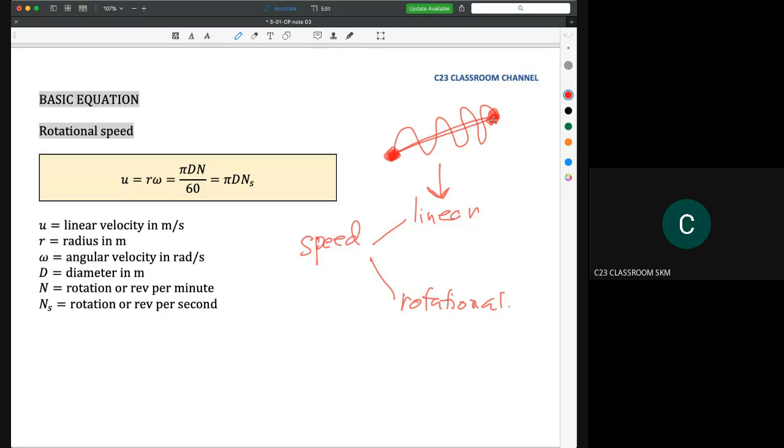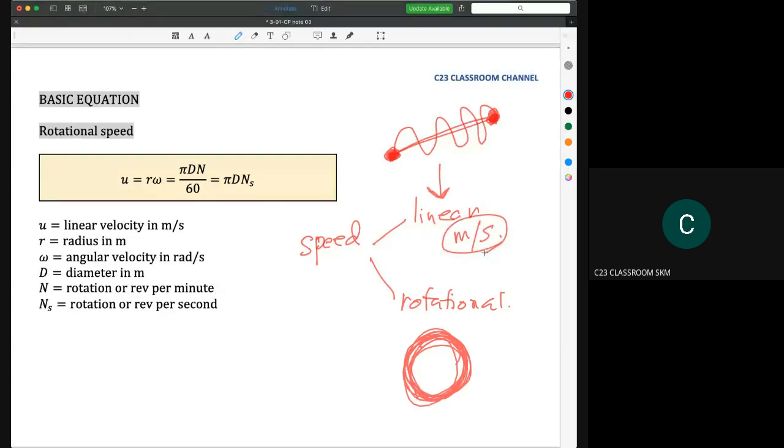Okay, but for rotational speed we also need to measure the displacement, but the difference is it keeps moving on the same track again and again. That's why in terms of unit, for linear it is okay for us to use meter per second.